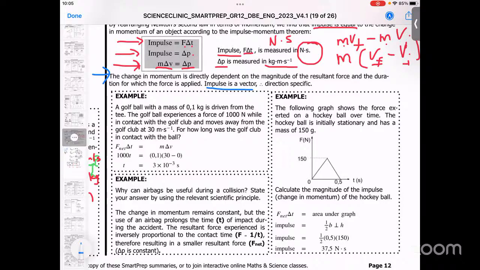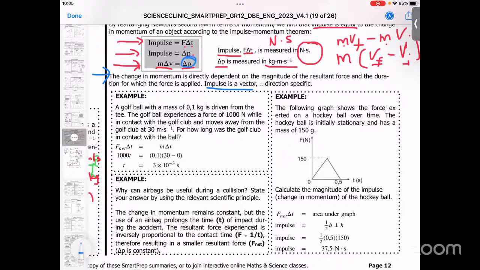That means it has the magnitude and the direction. So now they're talking about the change in momentum being directly dependent on the magnitude of the resultant force and the duration for which it acts. Okay, that part is fine. They are still emphasizing what you already understand, the formula for the change in momentum, which is this thing.